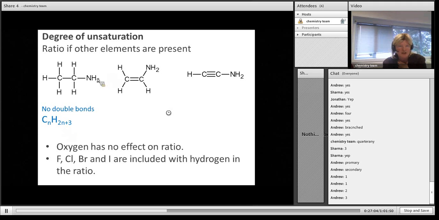So if you have a look here, it's 2 carbons, so N is 2, and I've got 1, 2, 3, 4, 5, 6, 7. So 2 times 2 is 4 plus 3 is 7. Does that make sense?